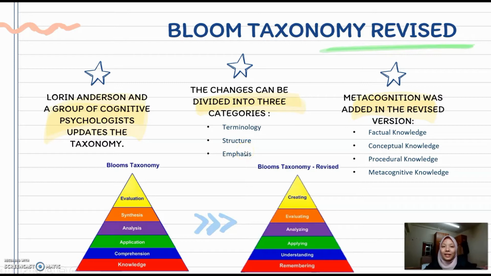We will see what the changes are after this slide. But before this, metacognition was added in the revised version, which includes factual knowledge, conceptual knowledge, procedural knowledge, and metacognitive knowledge. As we can see in the pyramid, this is the difference between 1956 here and 1990 here, where we can see the changes of the words and the changes of the level.